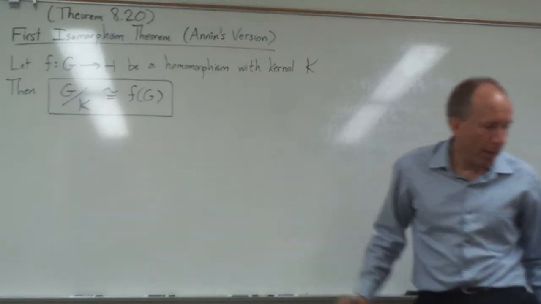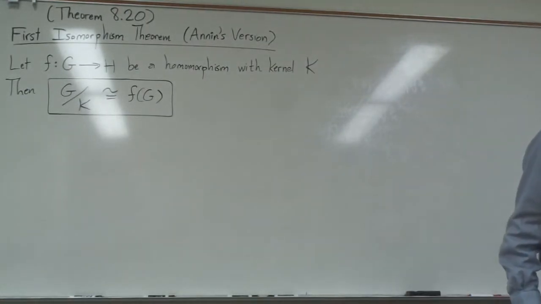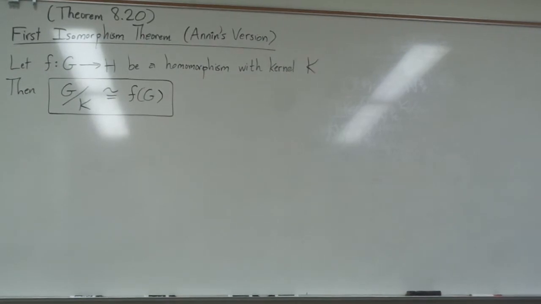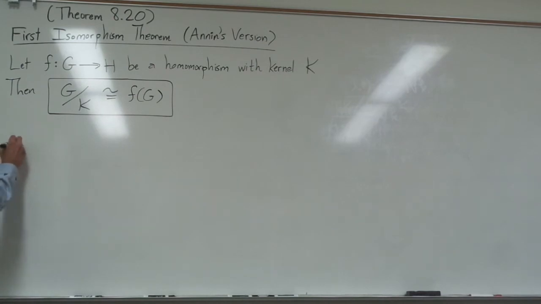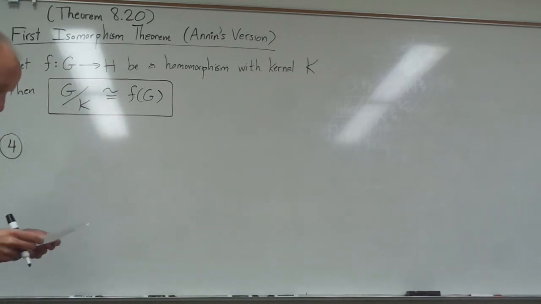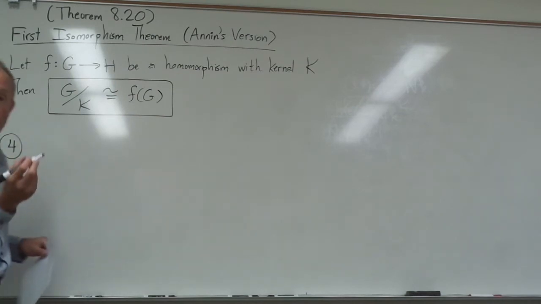Maybe I'm going to do one more example of this, and then we'll call it good for now. Let me just do one more application. This would be application number 4 in my list. Let's suppose that we have a direct product of groups.